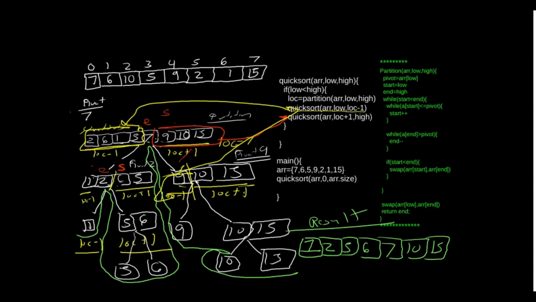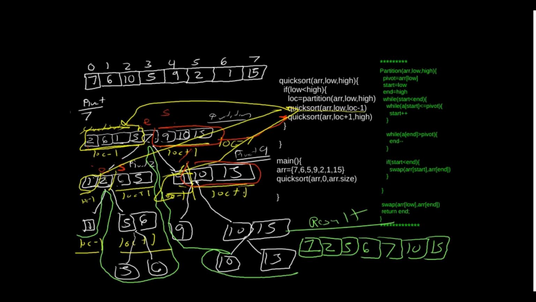Recursively will call this function on this side, 9, 10 on this side here on the left side. We'll recursively call this function on the left side here and break it down.